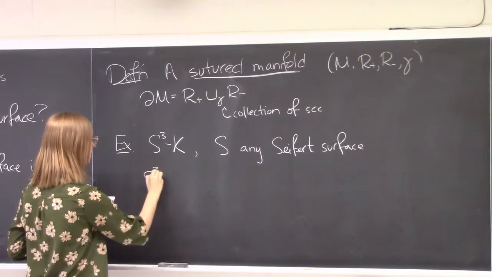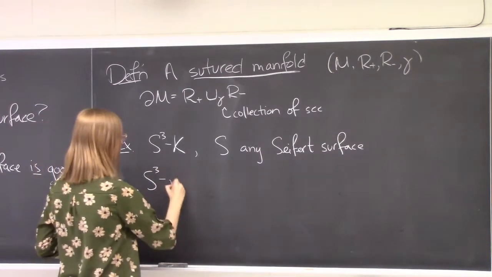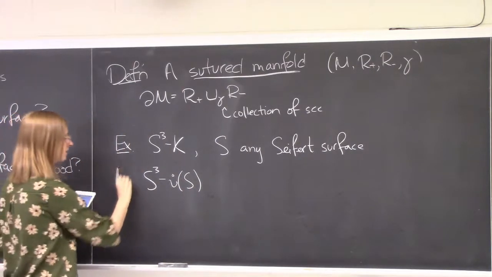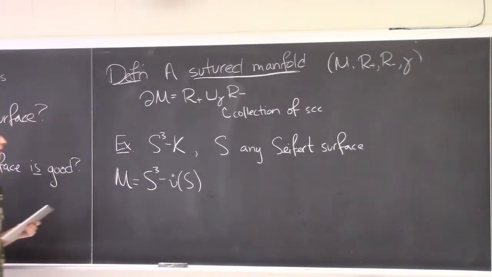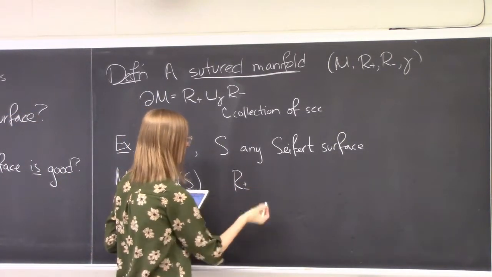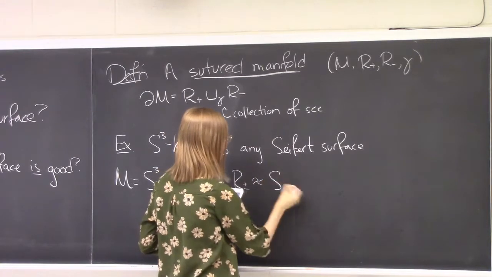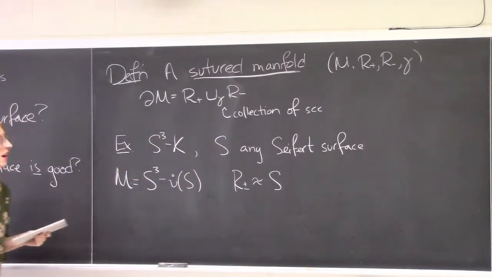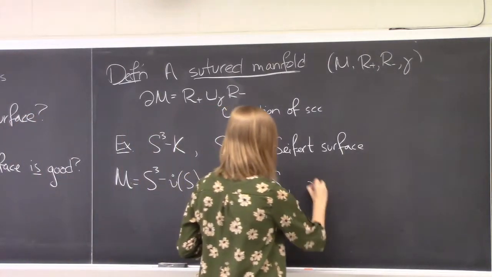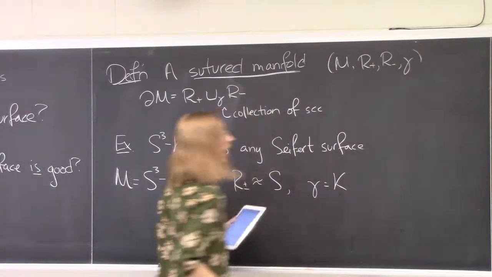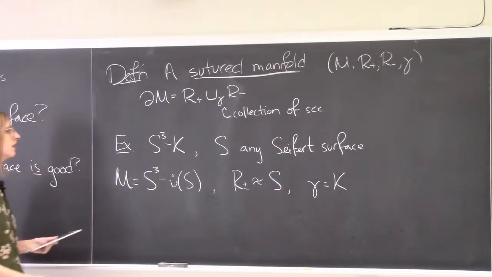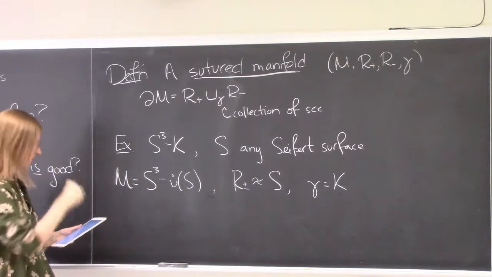So take S3 minus, maybe, an open neighborhood of the Seifert surface, and define this to be our sutured manifold M. Then R plus and R minus will both be copies of S, and our suture set will just be the knot that we started with. You can similarly do this with any Seifert surface associated to a link in S3.